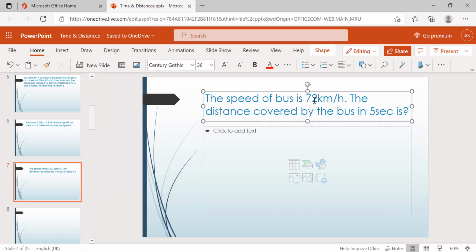The speed of the bus is 72 kilometer per hour, and the distance covered by the bus in 5 seconds they're asking. They didn't give the distance, nothing they've given, right? Just the speed of the bus.